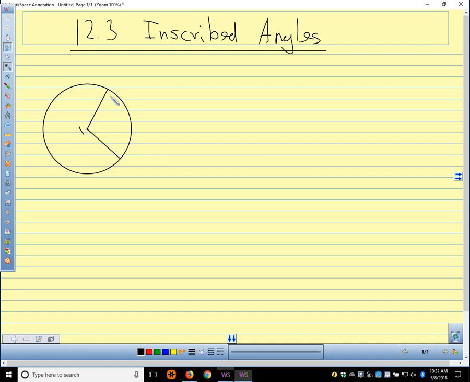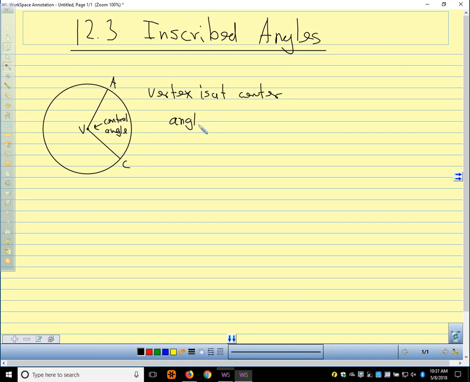This is V, A, and C. This is a central angle. The vertex is at the center. And for a central angle, the way I think of it is the angle equals the arc. So the measure of angle AVC equals the measure of arc AC for a central angle.